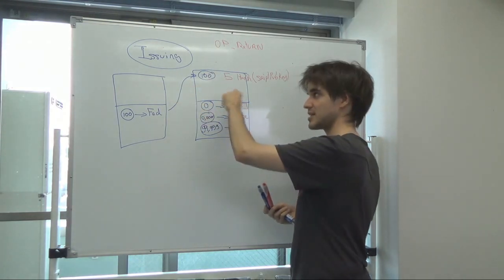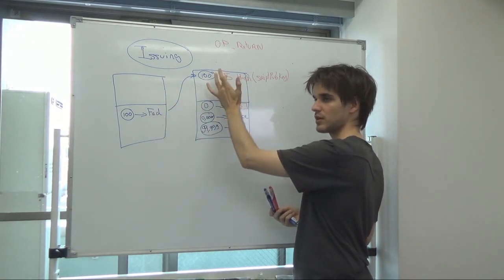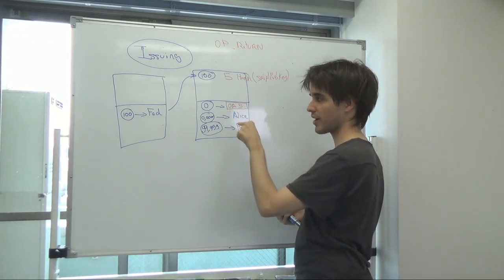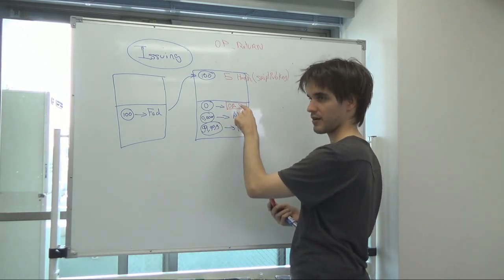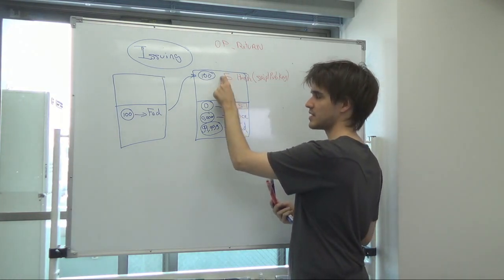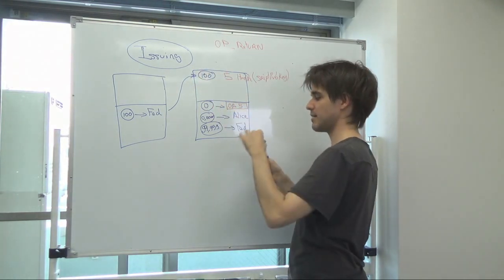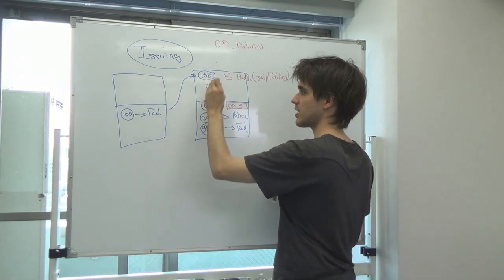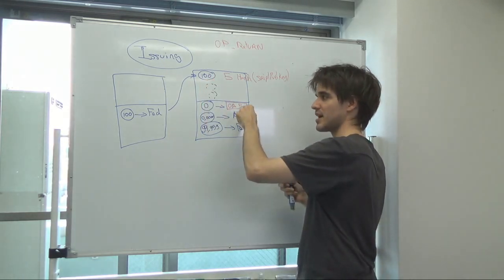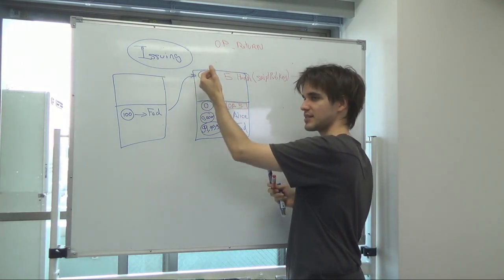This is when, in this case, the Fed wants to issue 5 USD to Alice. So what is going on is that this 5 here means that the first input is an issuance.